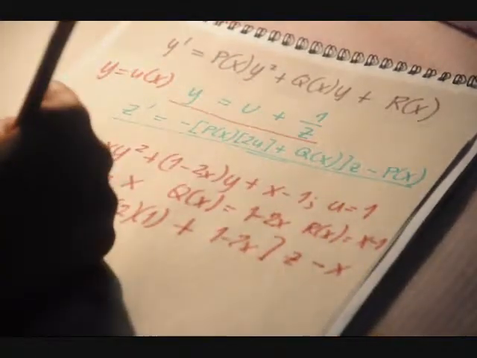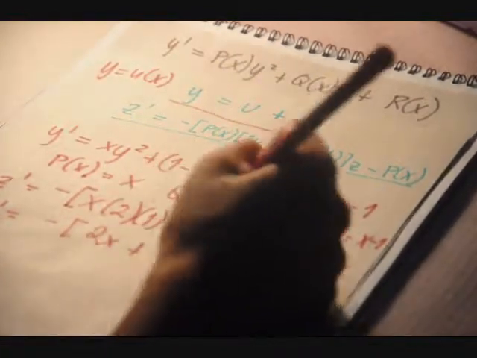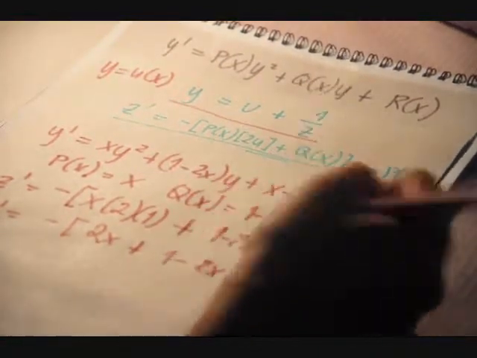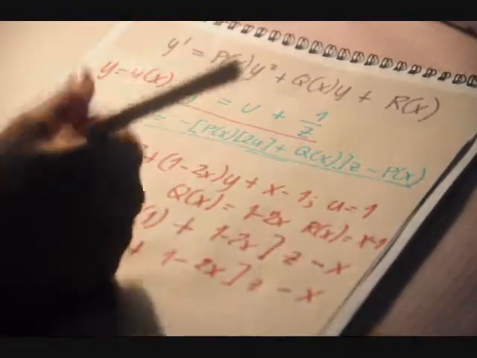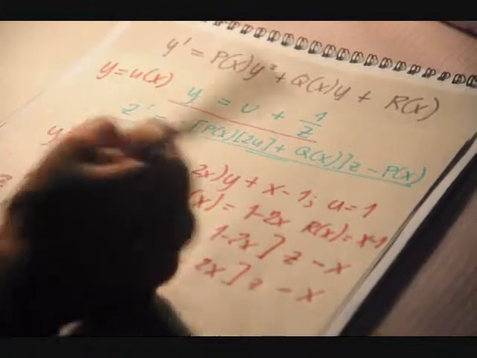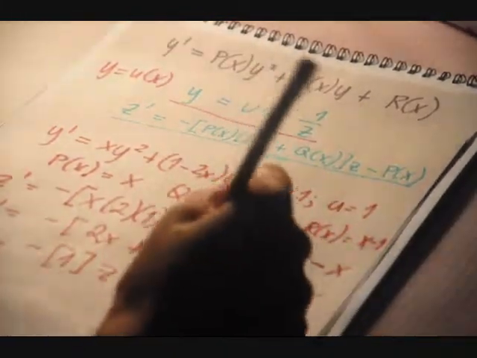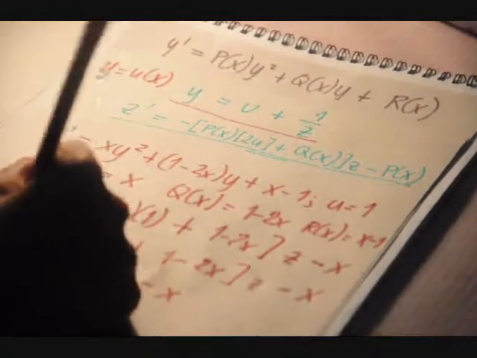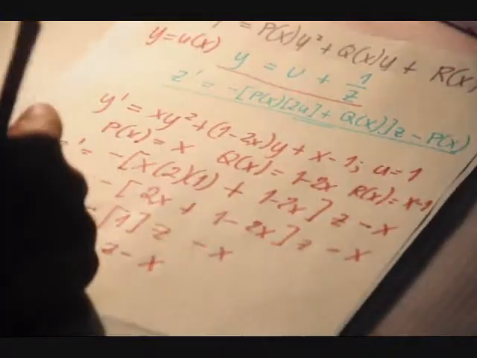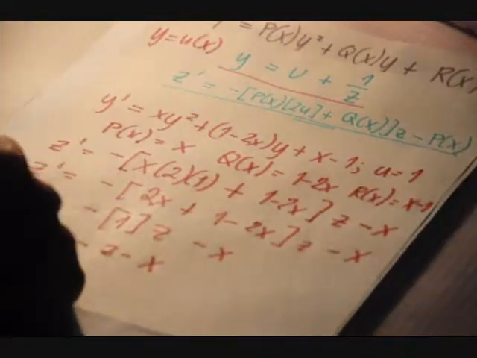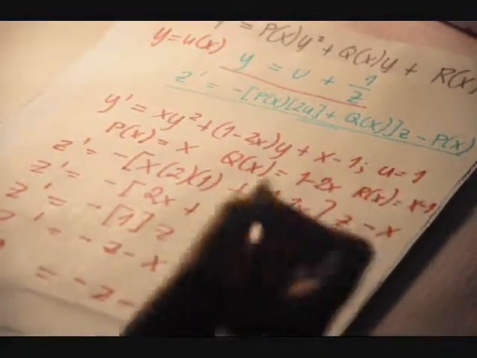So we now have z prime is equal to negative of (2x plus 1 minus 2x) times z minus x. We cancel 2x, so we have 1 times z minus x. z prime is equal to negative z minus x. z prime is the same as dz over dx is equal to negative z minus x.